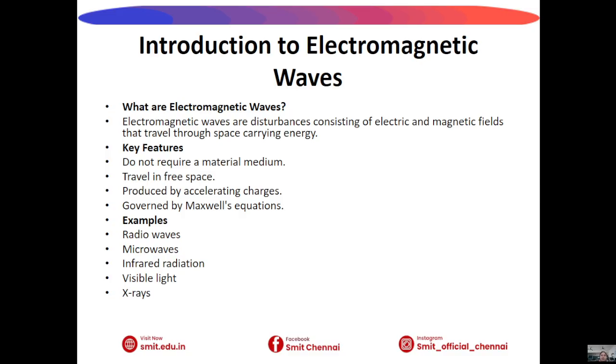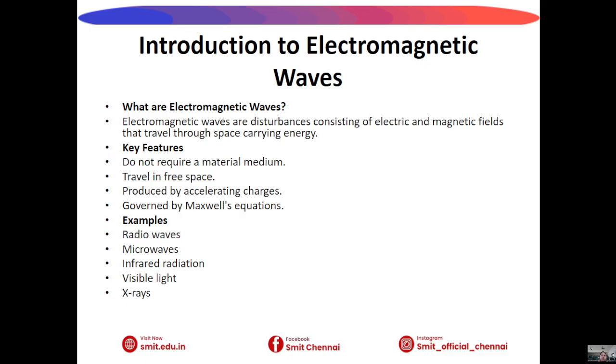First, we see about the introduction to electromagnetic waves. Electromagnetic waves are disturbances that consist of oscillating electric and magnetic fields. These fields travel through space carrying energy from one location to another. Unlike mechanical waves such as sound waves, electromagnetic waves do not require a material medium for propagation.